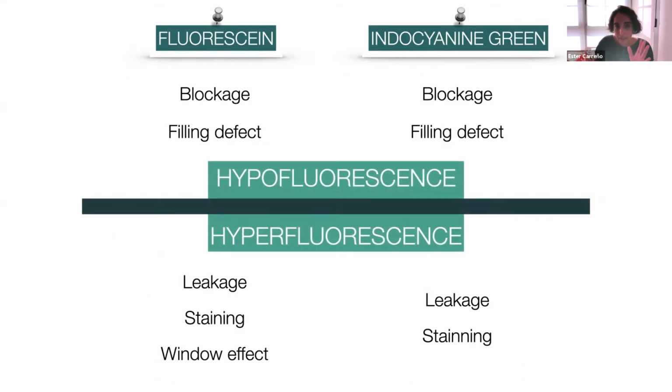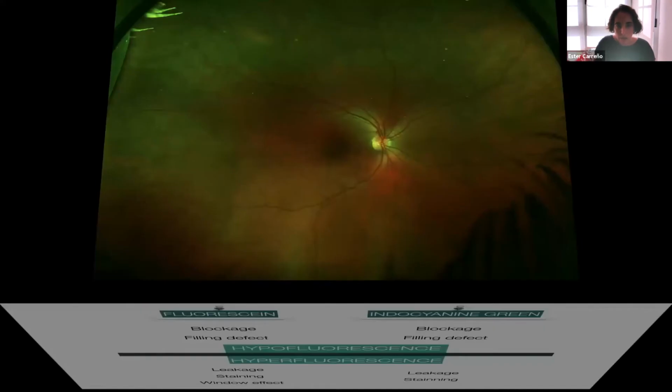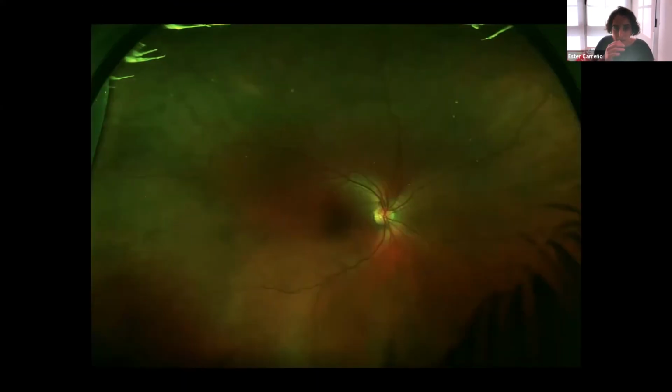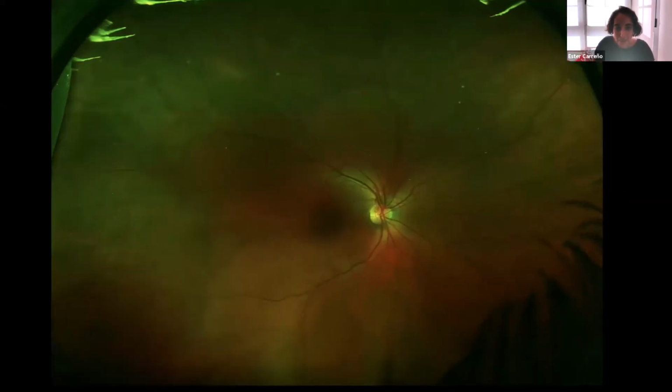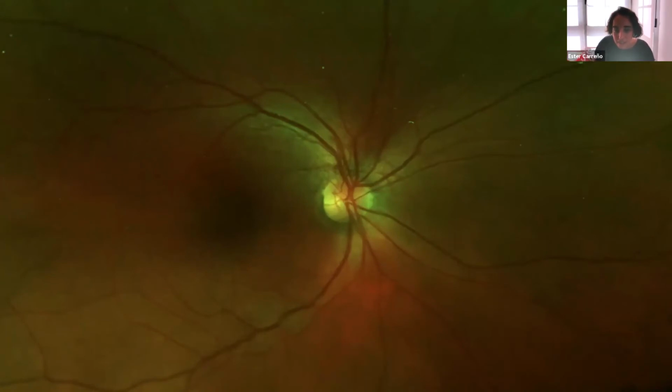And every time that we have a dye, we can see blockage, or hyperfluorescence with leakage or staining. So for example, here we have a patient, and I think Marion has already shown this beautifully. Here, if we get close, we can see some vessels in the disc.